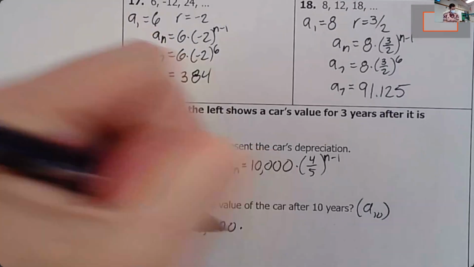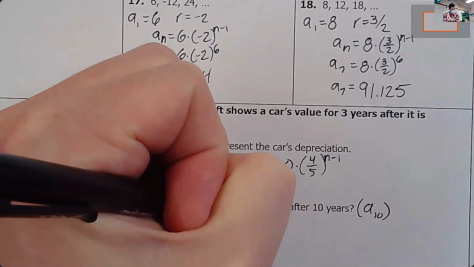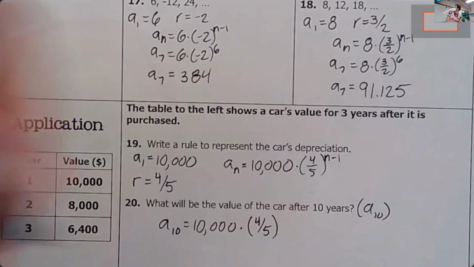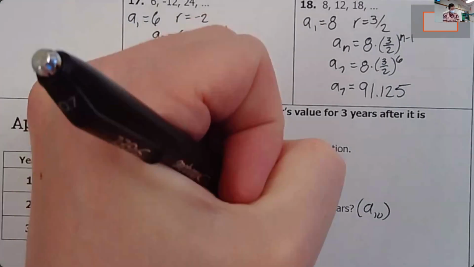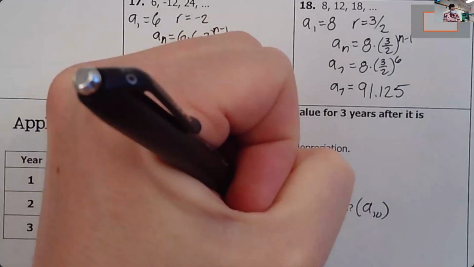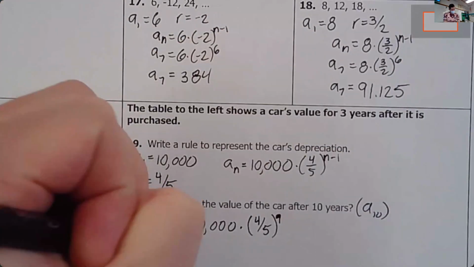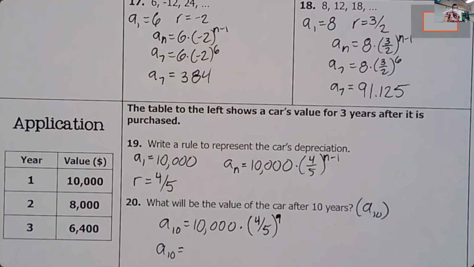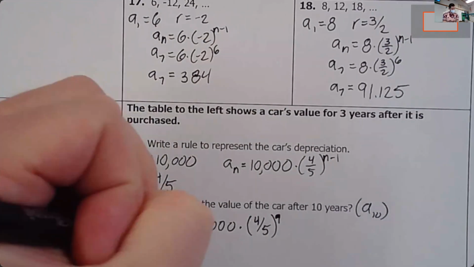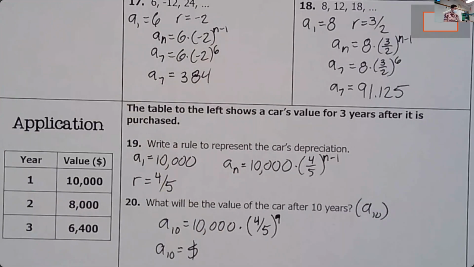times 4/5 to the, what power are we going to use here? The 9th power, yeah. 10 minus 1 would be to the 9th power. All right. So the value after 10 years, we're going to use dollars because we're going with the value of the car.